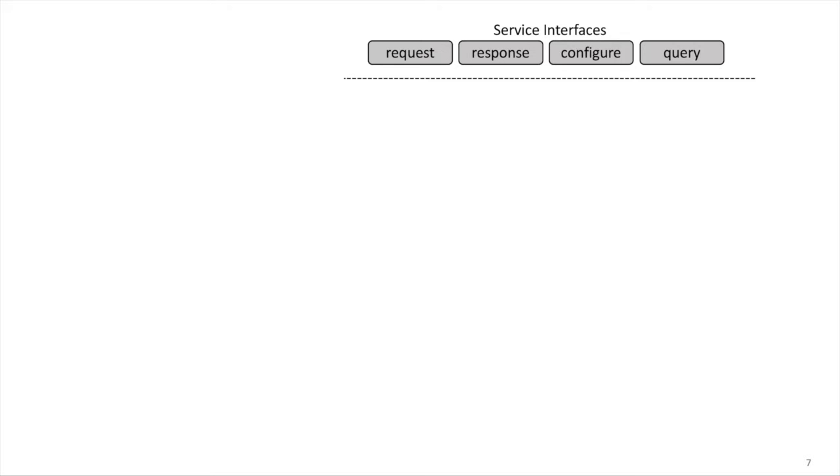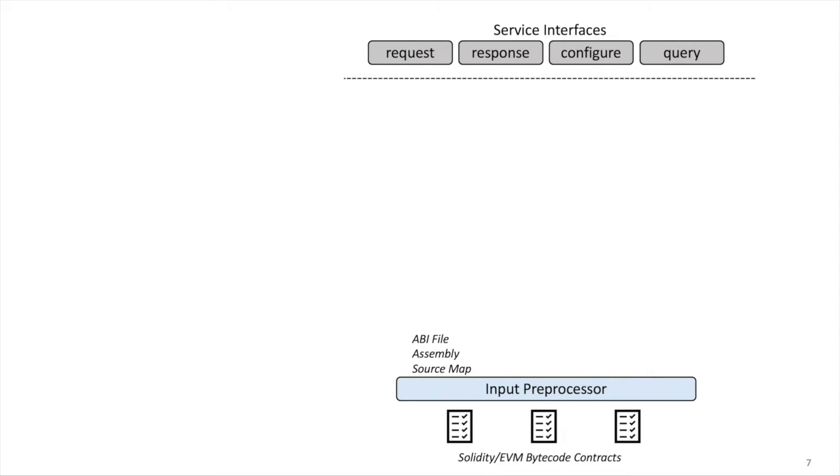Config and require are used to specify and check financial parameters. Given an input smart contract, the input preprocessor is designed to produce necessary information for further analysis. Next, the CFG builder is called to generate the control flow graph.